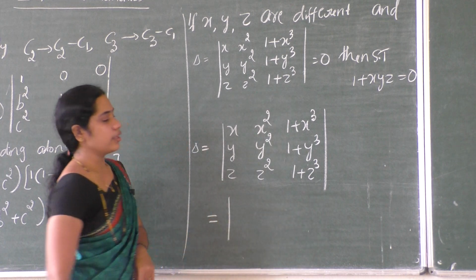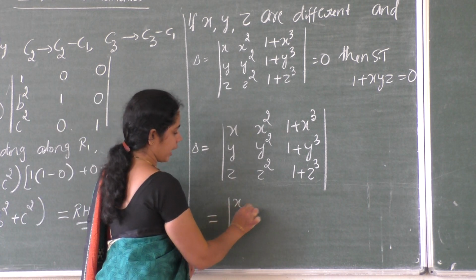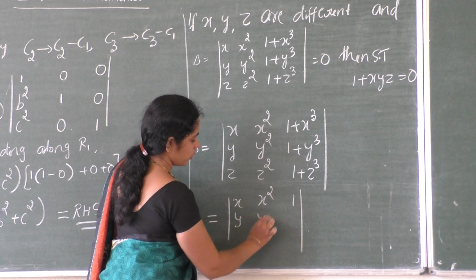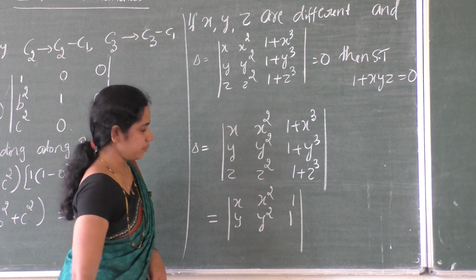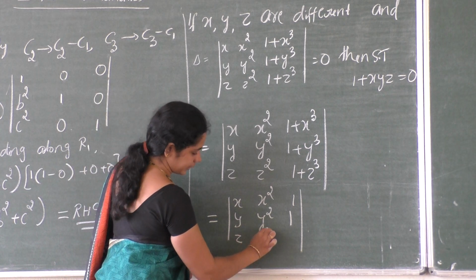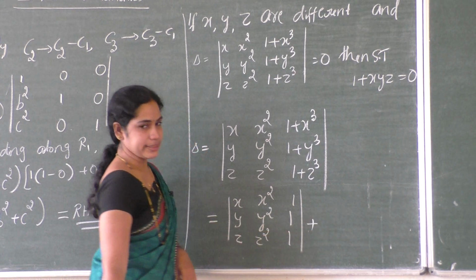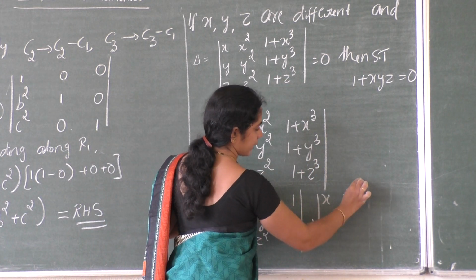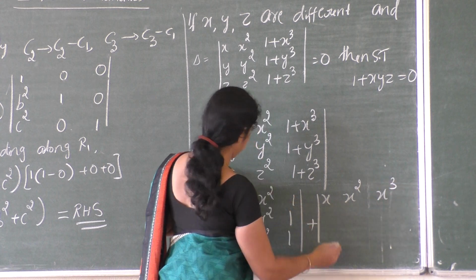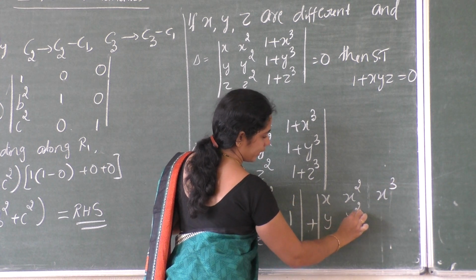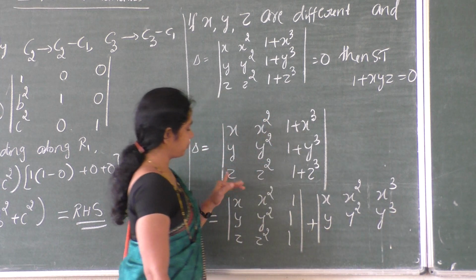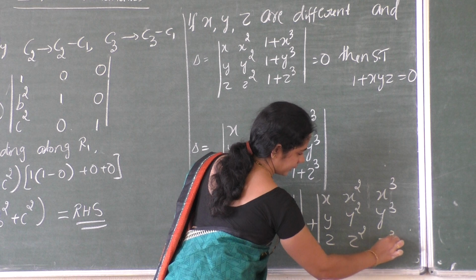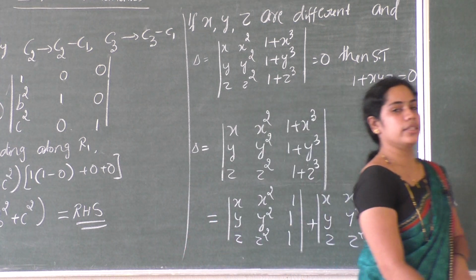That means it can be written as x, x square, 1, y, y square, 1, z, z square, 1 plus the second terms x, x square, x cube, y, y square, y cube, z, z square, z cube.